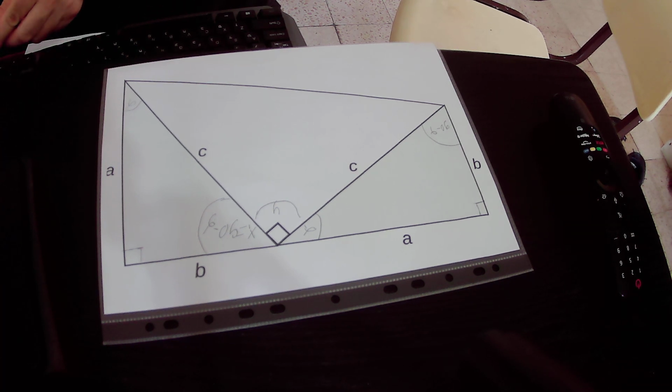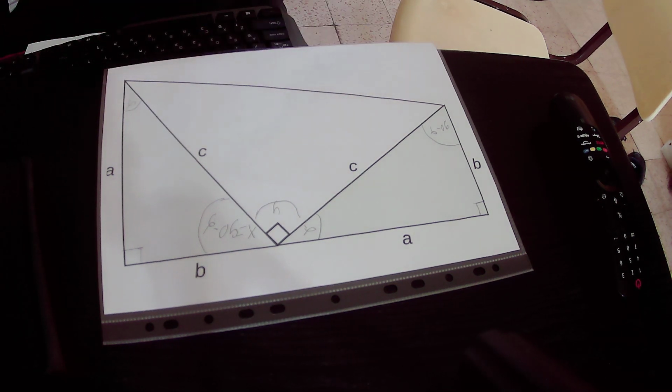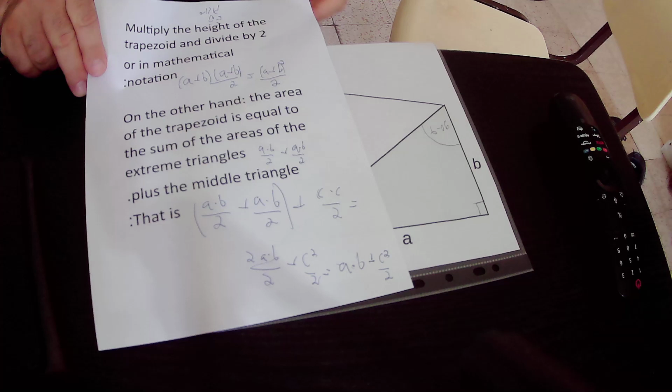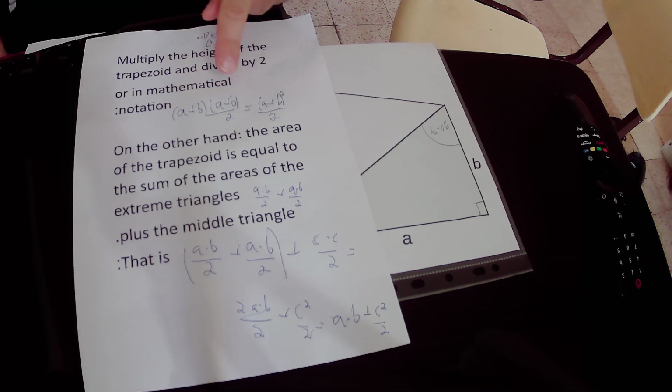So in total we get this mathematical notation. The area of the trapeze is A plus B times A plus B divided by 2.